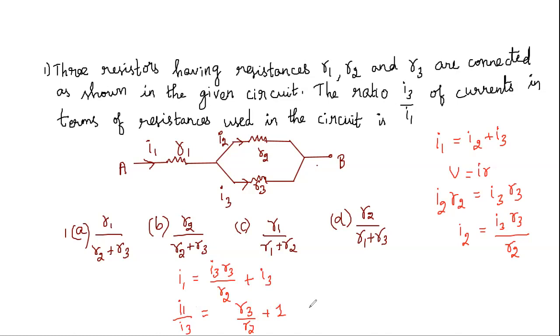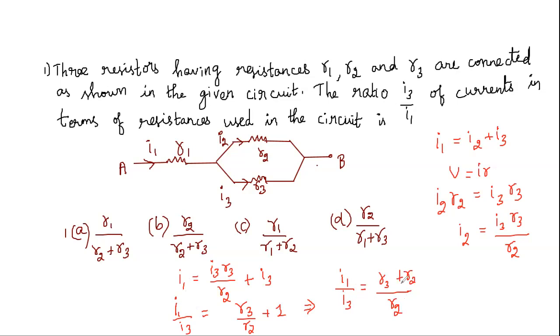Now you can take the LCM. So I1 by I3 is equal to, taking LCM, R3 plus R2 divided by R2.